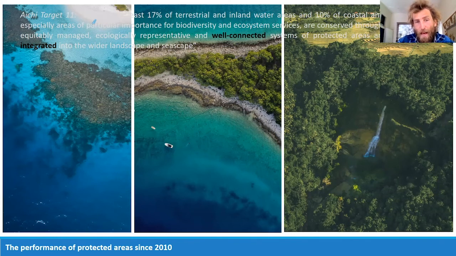So using that metric would say that's not connected enough. Not that the target gives an idea of how connected they should be. Is 10% well connected? I don't know.